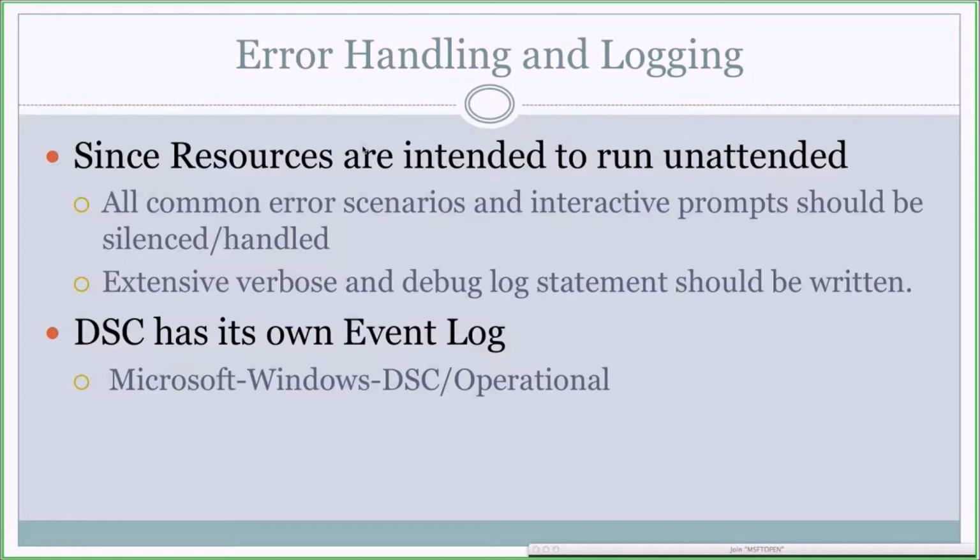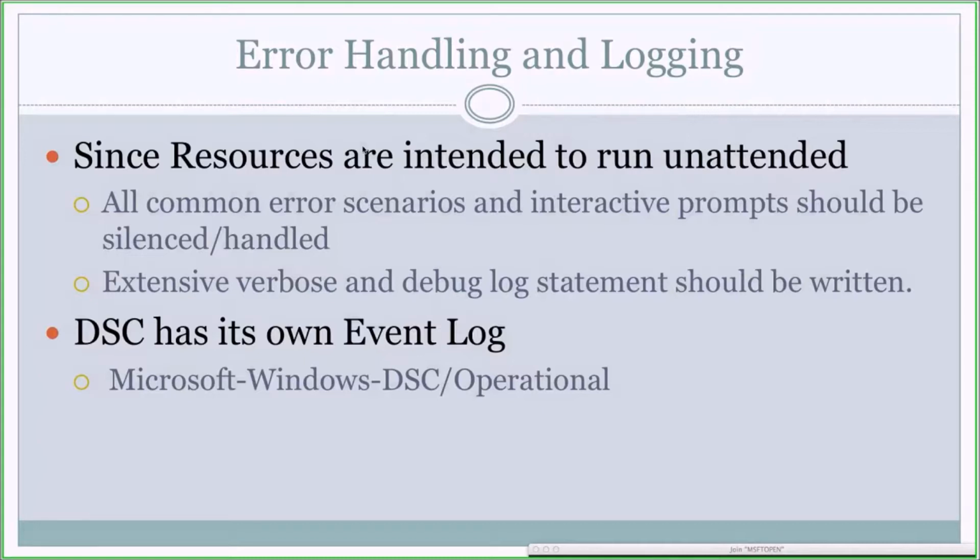But because these things aren't running interactively, they're running in another process on another machine, and WMF5 has some stuff that's going to help us with this. But use lots and lots of Write-Verbose and Write-Debug statements so you can trace what's going on inside your resources. There is no penalty for this.